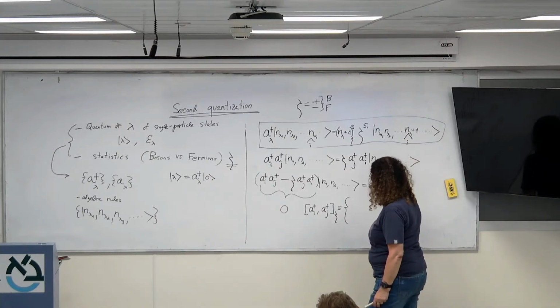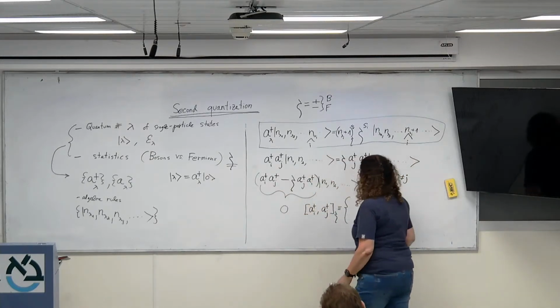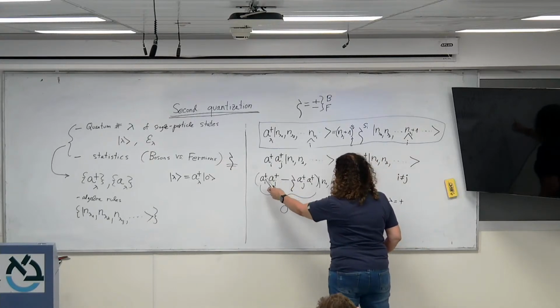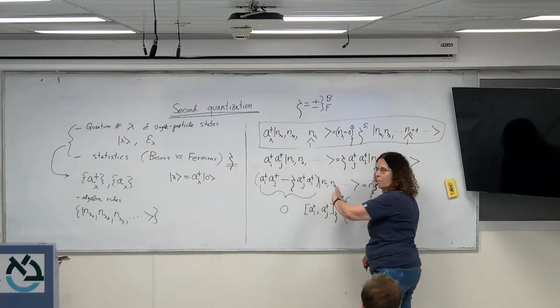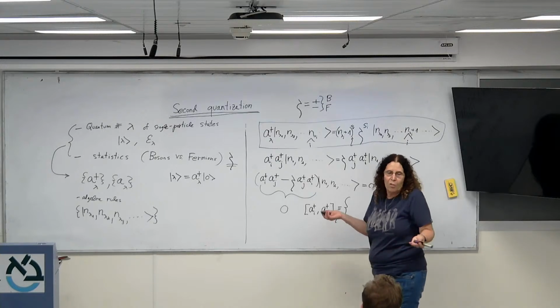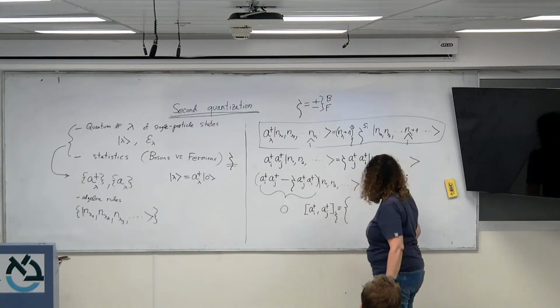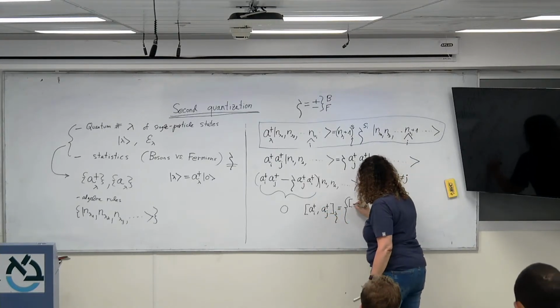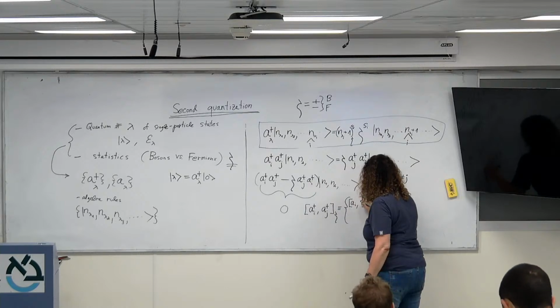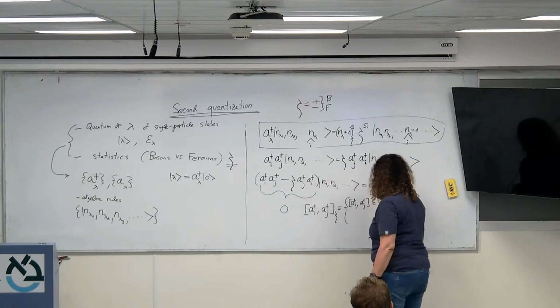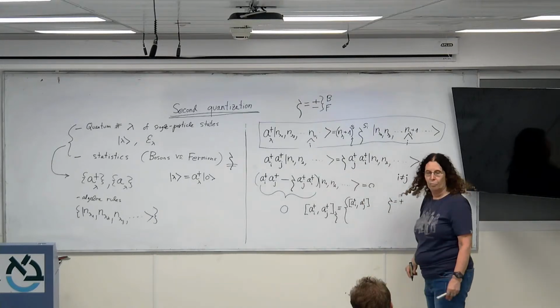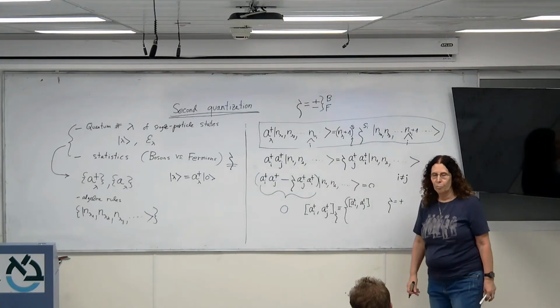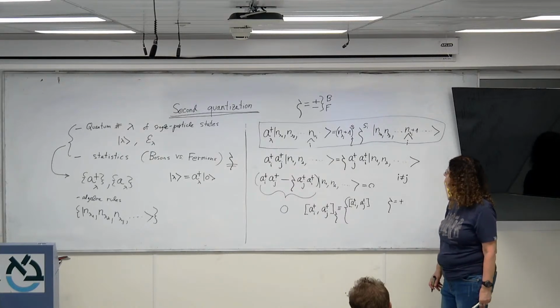We have, this is just a_I dagger, a_J dagger minus the exchange. So what is it? Just a commutator. So this is just what we usually call a commutator. Just to make sure that I haven't missed anything, you switch from lambda 1 to lambda I?